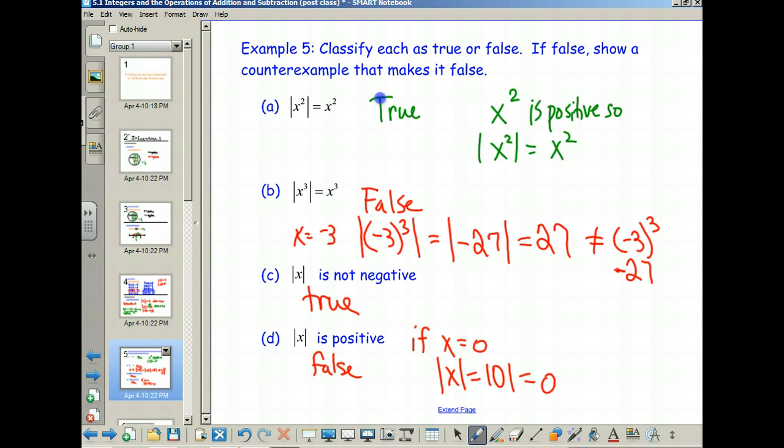The absolute value of x is the absolute value of 0. 0 is not positive. It's not negative either, right? That's why part C works just fine. The idea that this value is a non-negative value is okay. But there is an example of a case where it's not positive either. That's number 0. Are you with me? And 0 is one of those weird things because it's not positive or negative.